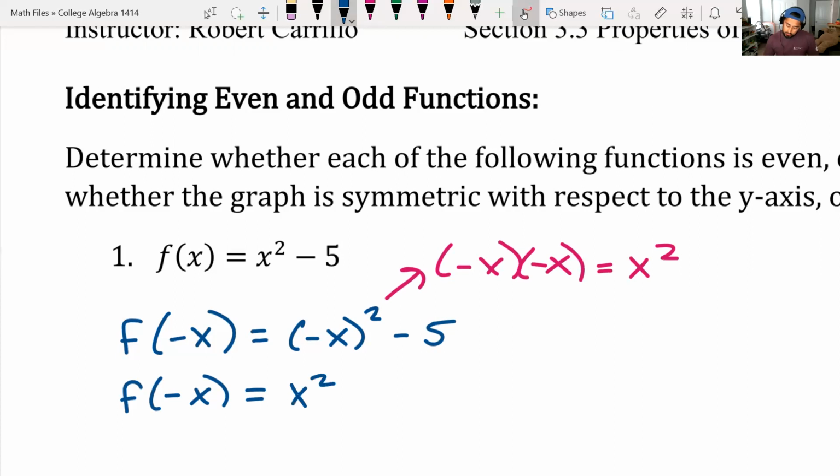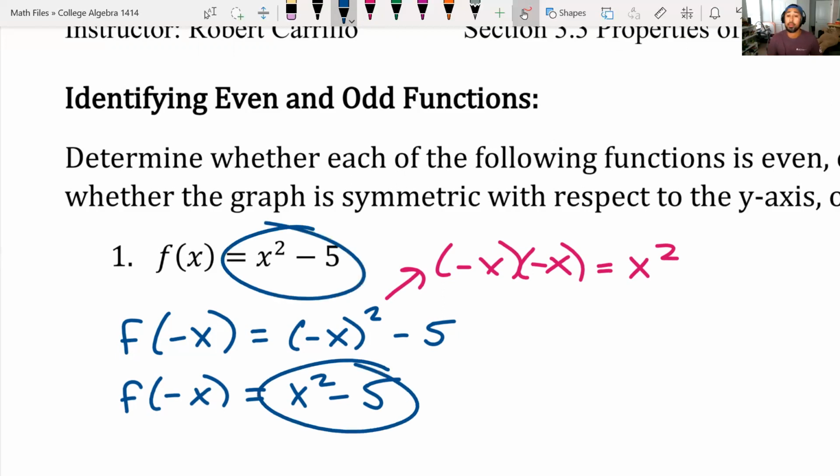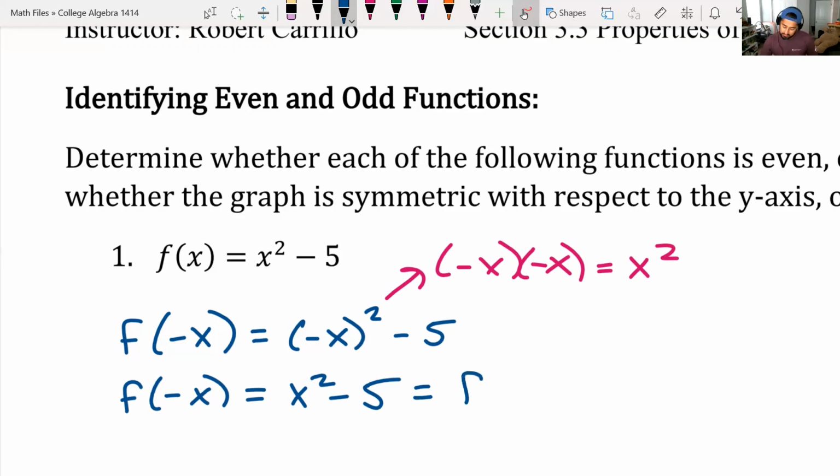So we get x squared minus 5. So what we have just done is plugged in a negative x, and the outcome was the original function. So this means that since we got f of x back, this function is even. That's it.